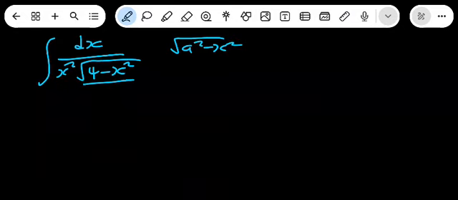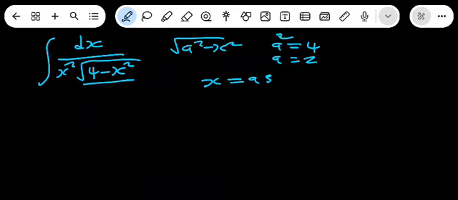We know that, checking here, a squared is equal to 4, then a is equal to 2. x is equal to a sine theta, therefore x will be equal to what? a is 2, so x equals 2 sine theta.